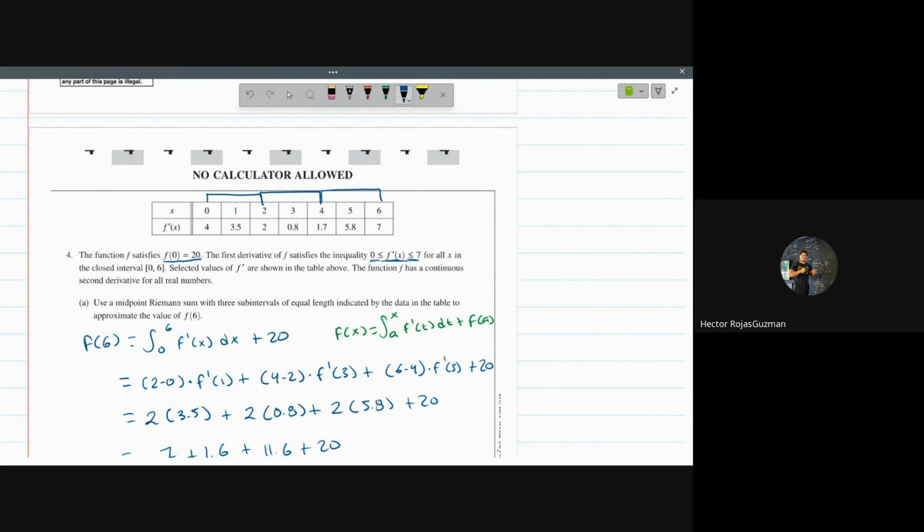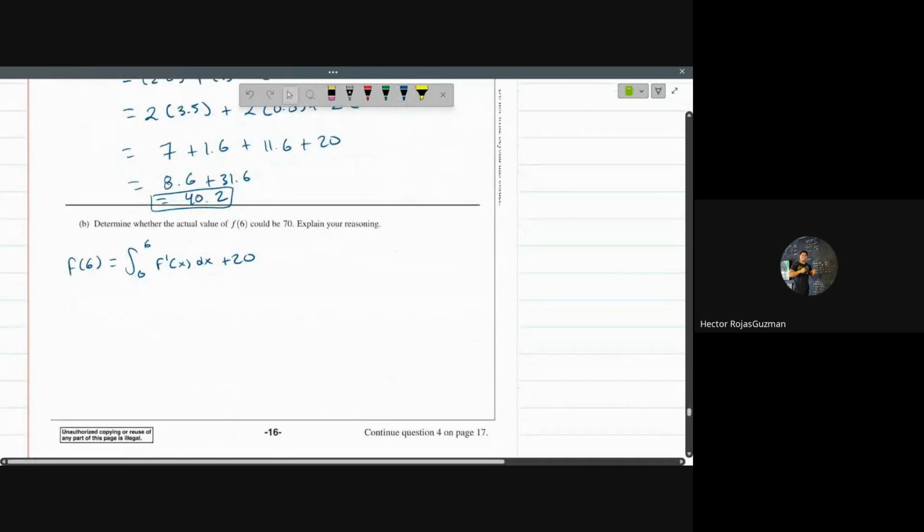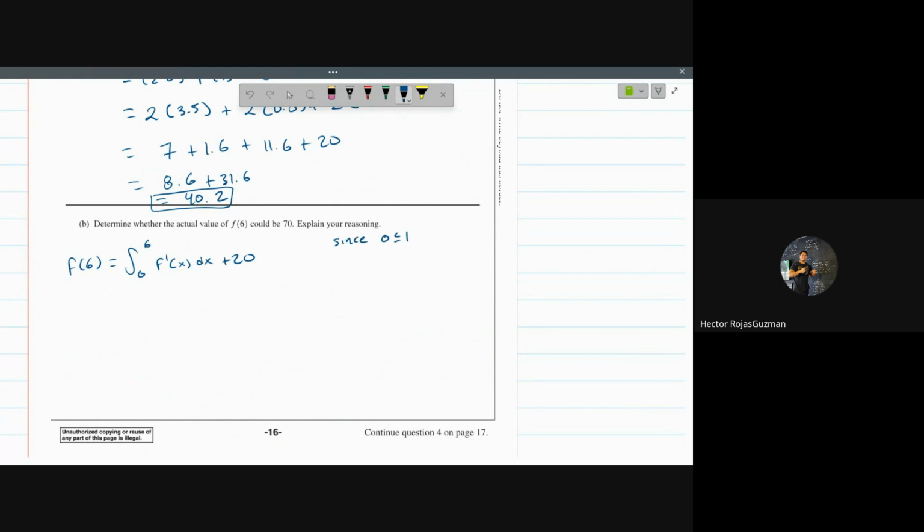It could be 6.1, it could be 3.3, it could be anything. But it's not going to go below 0, and it's not going to go above 7. So let's take the maximum value. Let's take 7 and use that as f prime.